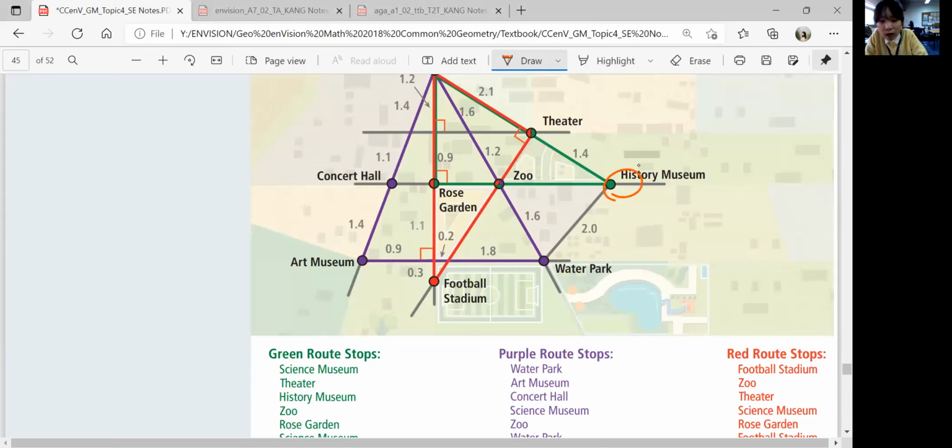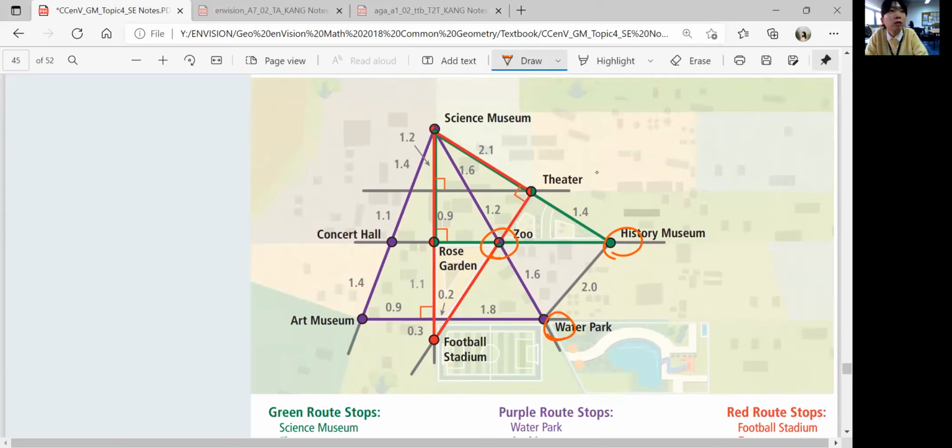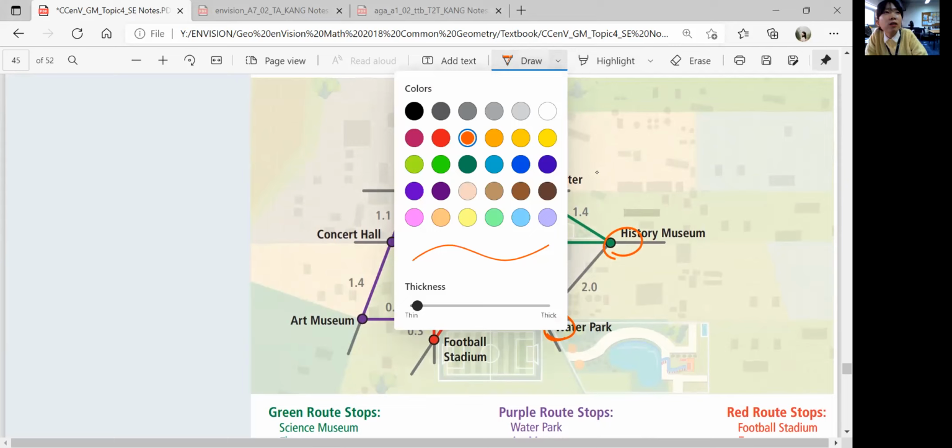And then Water Park and Zoo, Science Museum. Where is the Science Museum? Okay, and Theater. So our new triangle, let's use a different color, maybe sky blue.